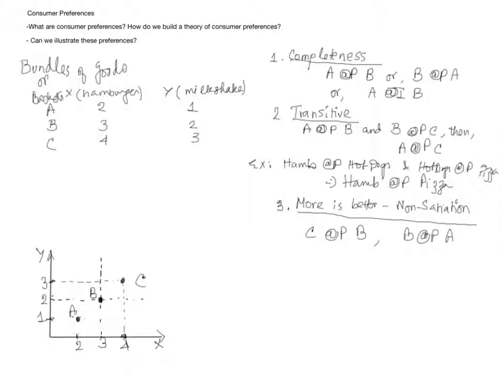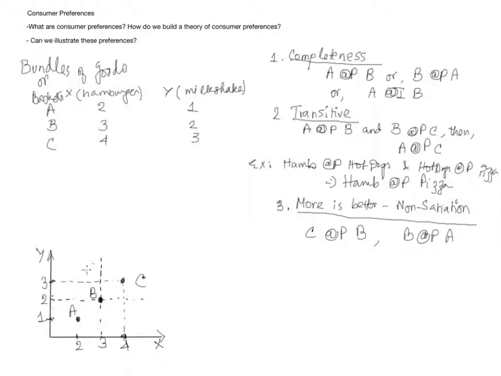Bundle A has less of each good, and therefore it is less preferred to B. So bundle B is always preferred to bundle A. So we can find all different combinations in this quadrant to the southwest of B, where these bundles are less preferred to B, or B is always preferred to all these bundles here, and all these bundles here are more preferred to B. Now what about these zones?